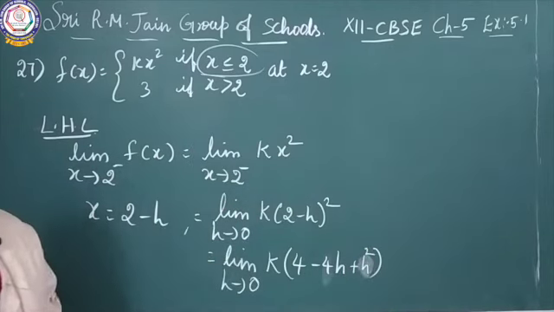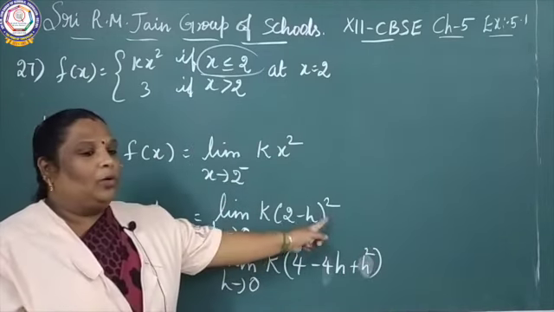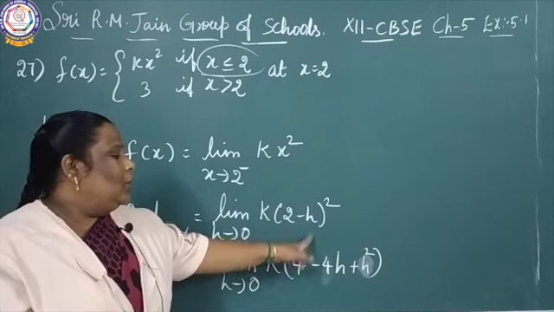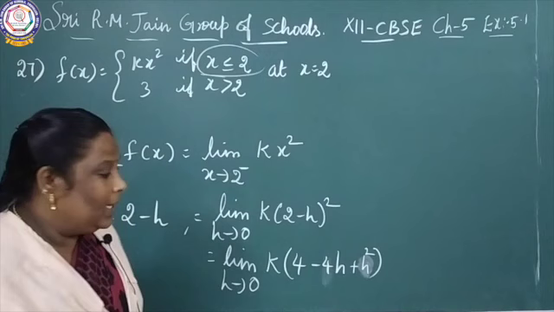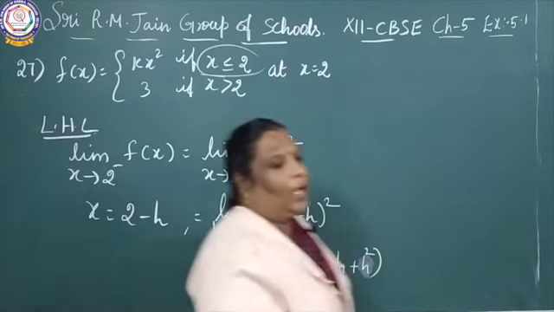That is a minus b the whole square equals a square minus 2ab plus b square, with h tends to 0.